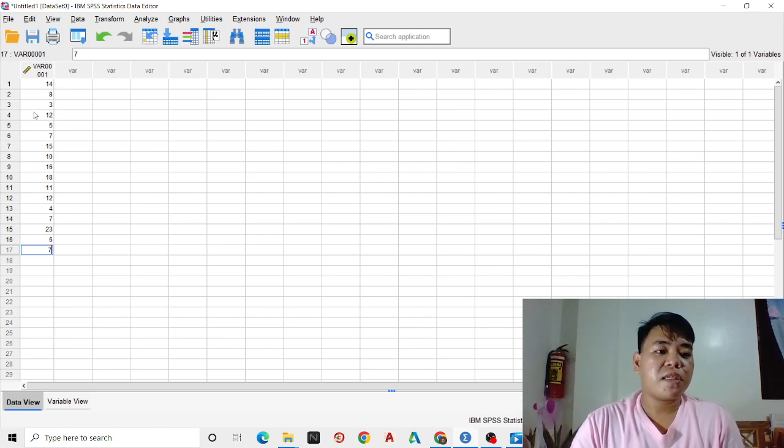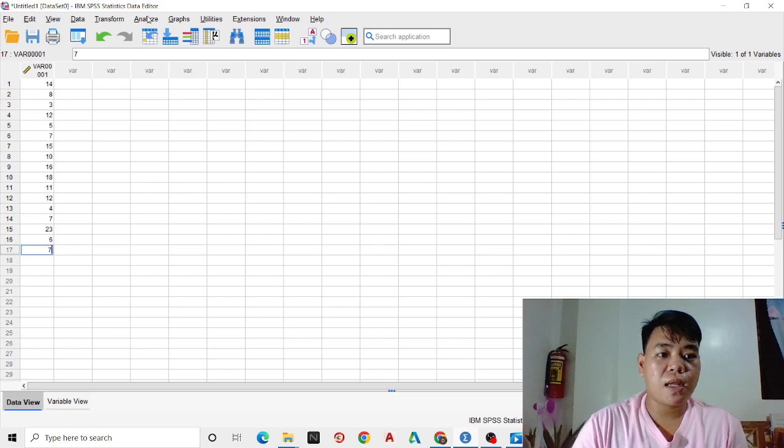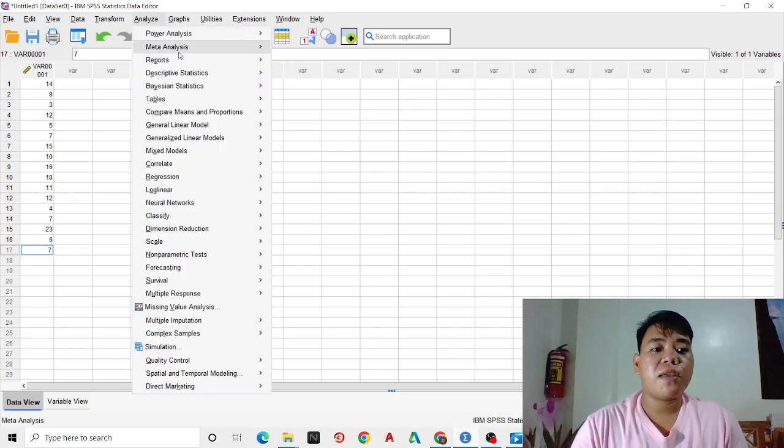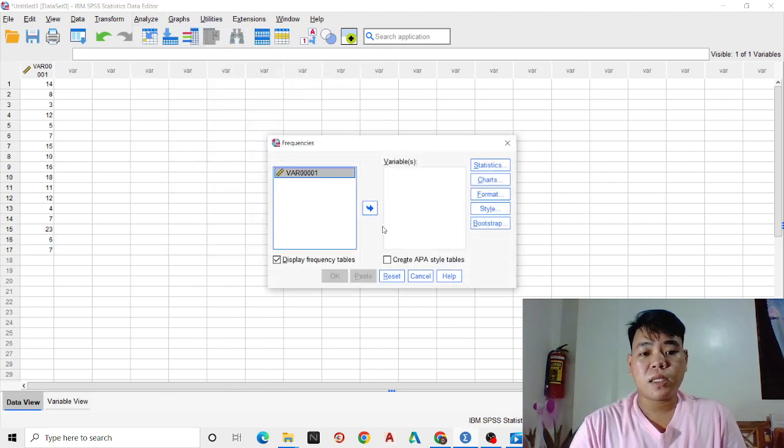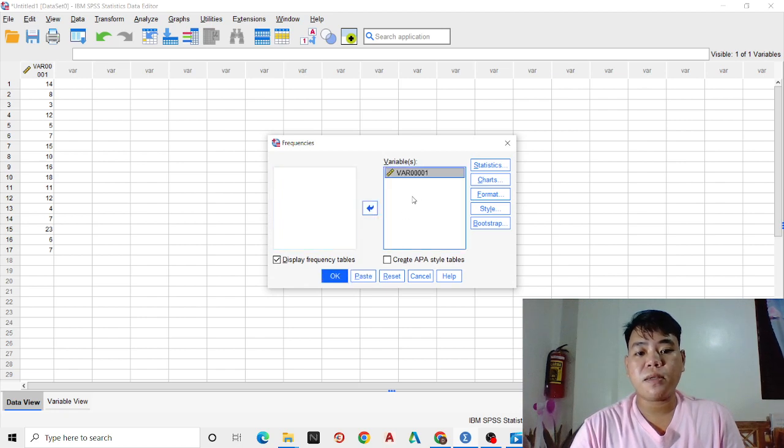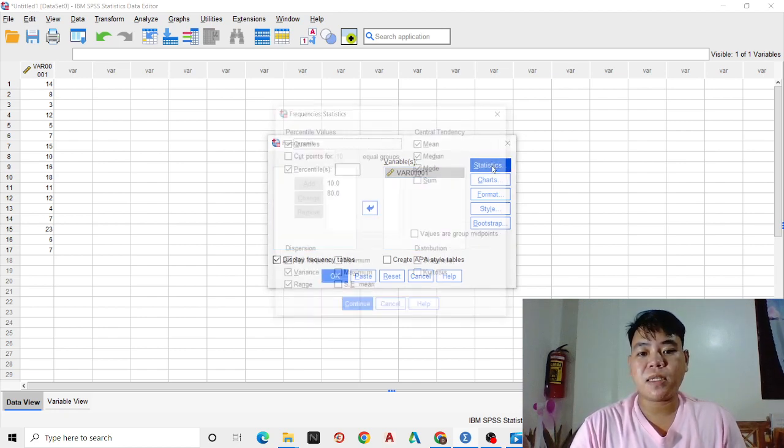First things first is to click Analyze and then go to Descriptive Statistics and choose Frequencies. Then transpose these variables into the other side and choose Statistics.